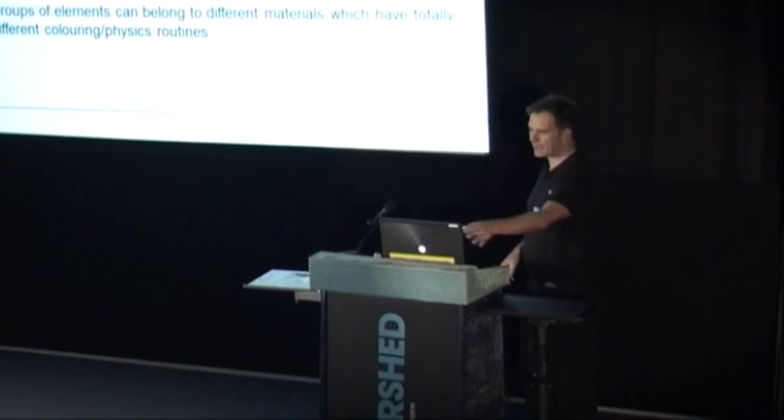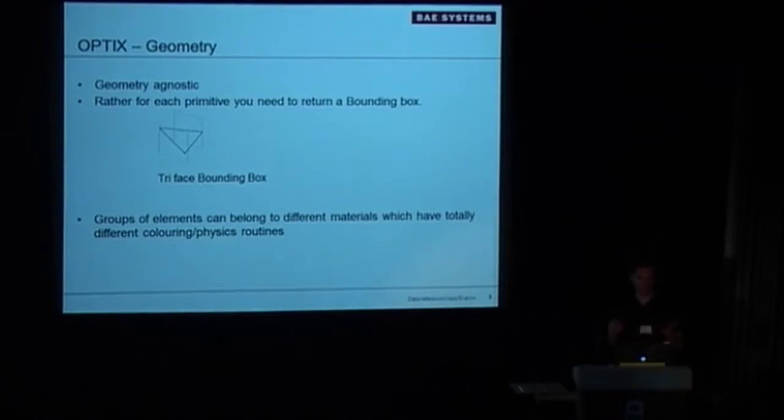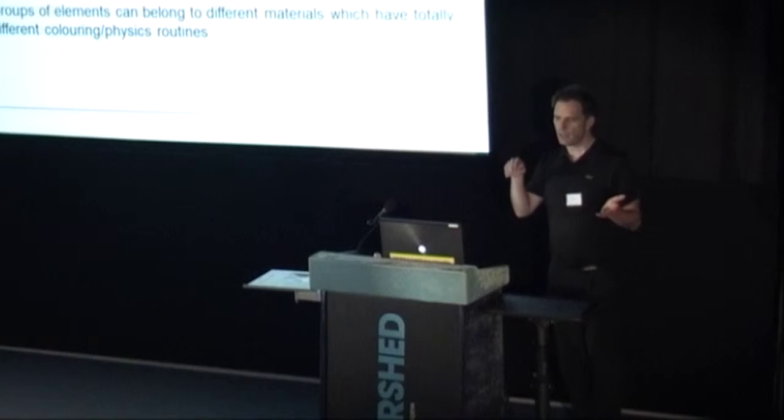It's geometry agnostic. All I have to give it is a routine which returns a bounding box for a primitive. So there's my primitive, a triangle, and I return it a bounding box. It then builds an acceleration structure, an octree or something.